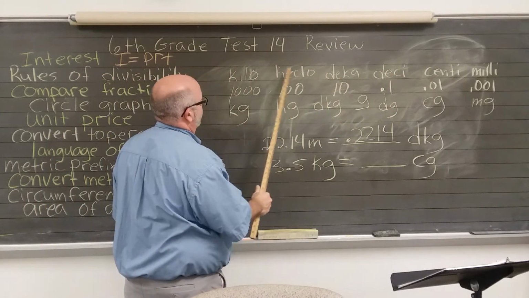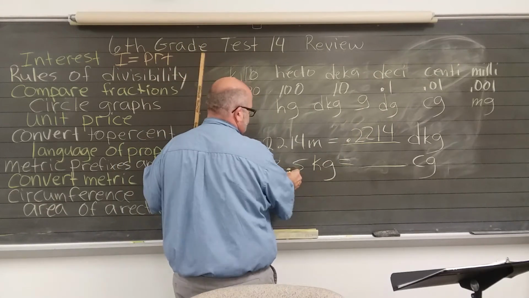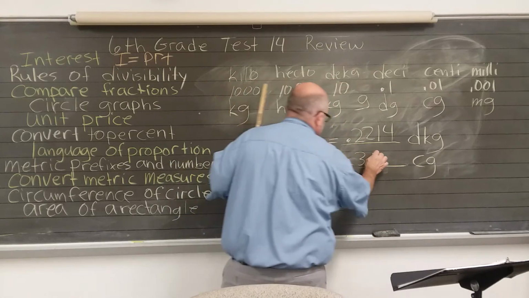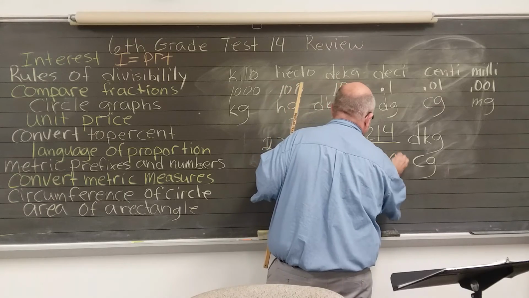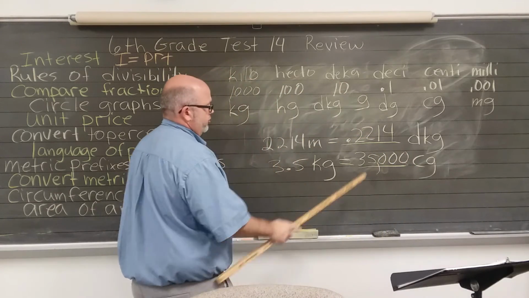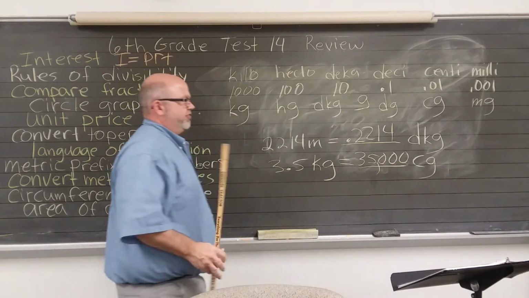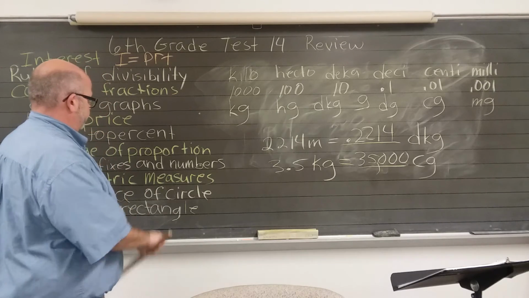Here you're going to have to add zeros. So you have 3, move it 1, you get 5. 1, 2, 3, 4. So it was here originally. 35,000 centigrams. All right?